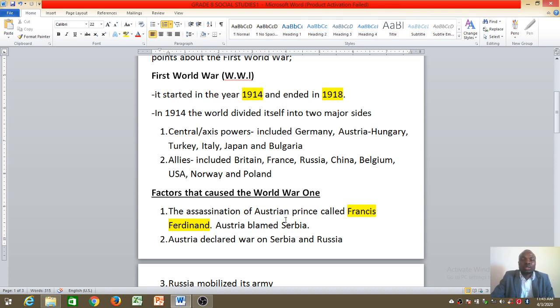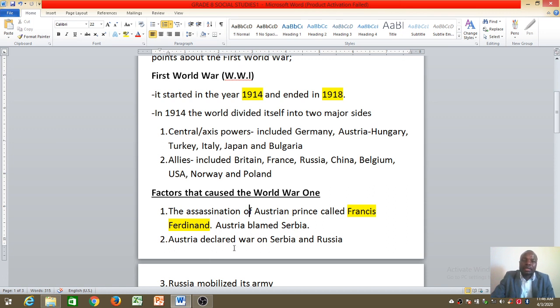And he was an Austrian prince, and Austria as a country blamed Serbia. Some of you the other day, I remember you were saying that Austria and Australia are the same. No, Austria is a country in Europe, while Australia is a continent on its own in southern part. So Austria blamed Serbia.